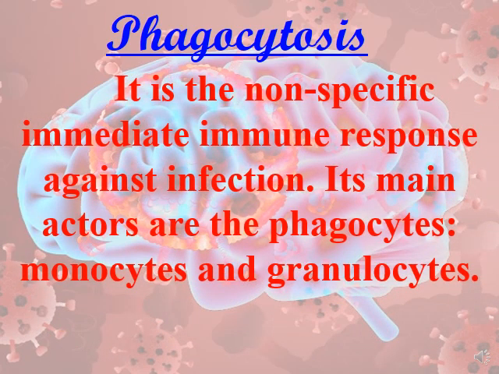So the official definition of phagocytosis: it's a non-specific, immediate, or instantaneous immune response against infection. The main actors are the phagocytes, the monocytes and granulocytes.